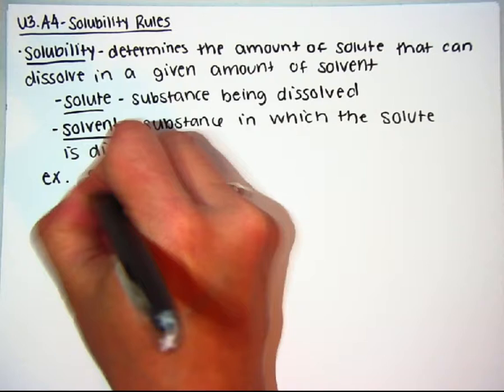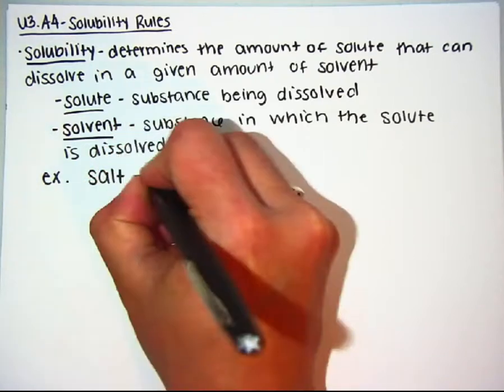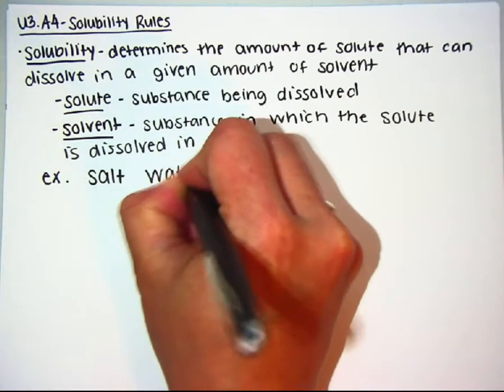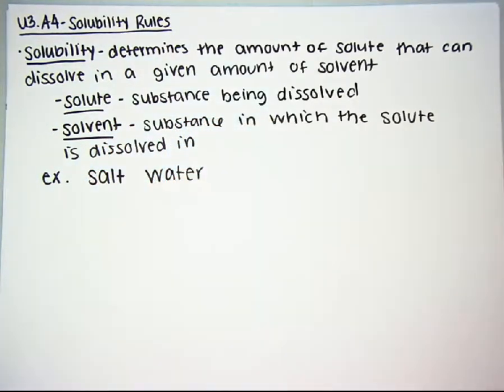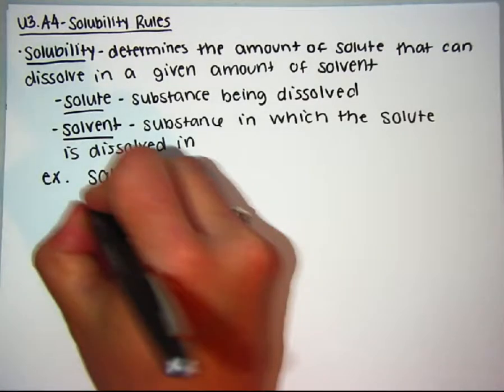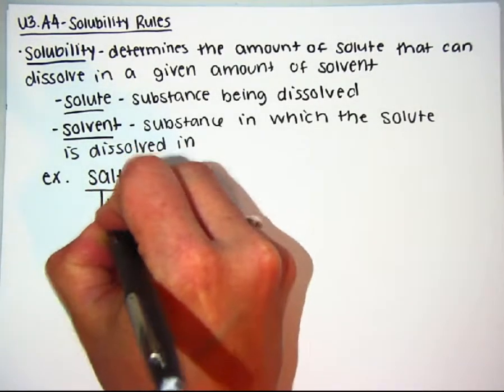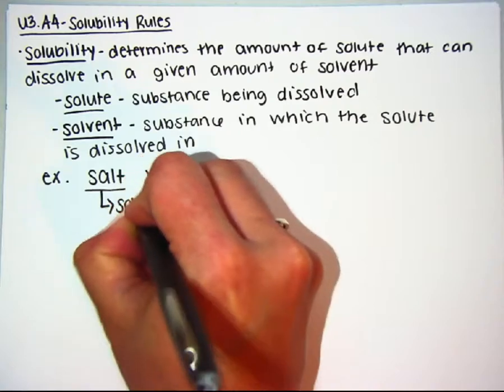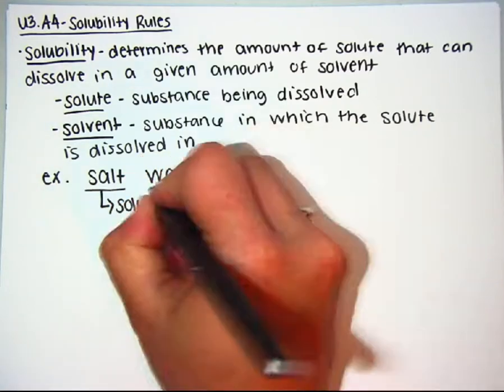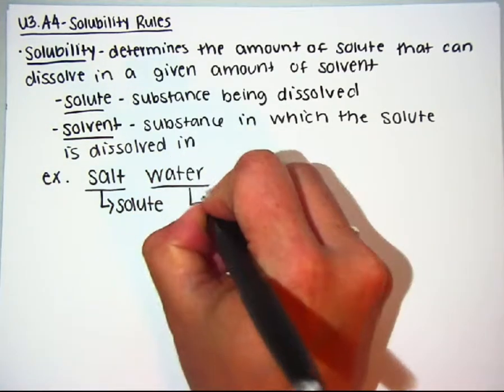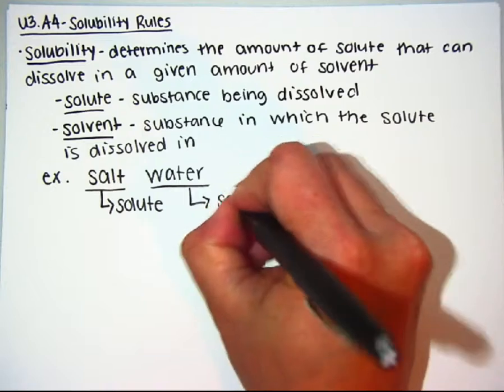So if we go back to that example about sodium chloride in water, sodium chloride is table salt or any ionic compound, any salt. Whatever is being dissolved is the solute. So the salt would be the solute. What it gets dissolved in would be the solvent.